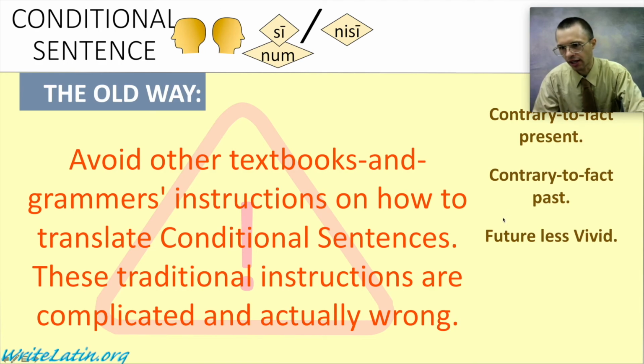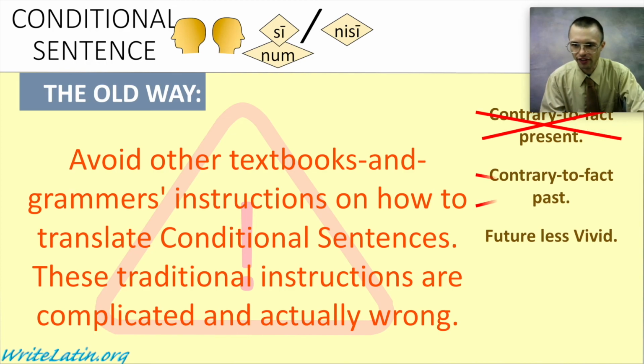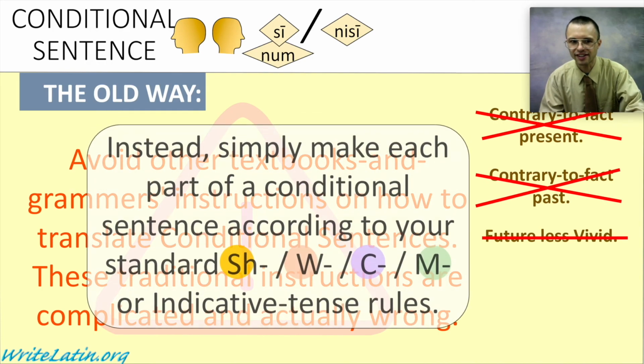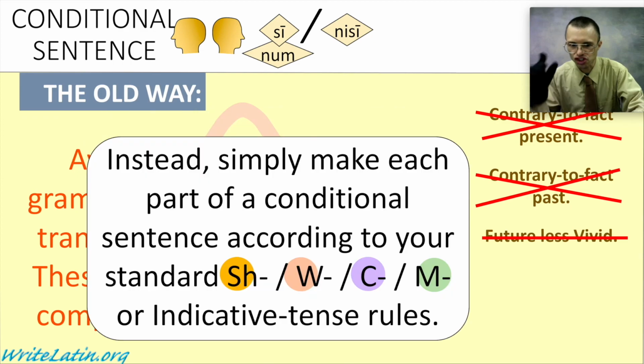And it's wrong, because when they try to do this, they'll present translations that are objectively wrong, losing the sense of the subjunctive verbs. So forget all this stuff, and instead just follow your standard SHWCM rules for subjunctives and indicative rules for indicatives. It's so easy.